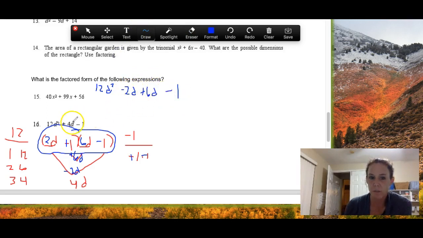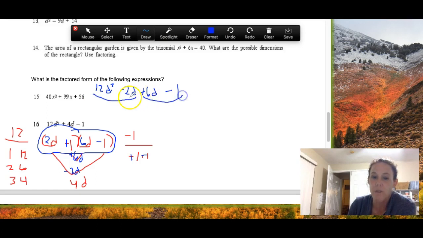So I basically just broke up 4D into those two terms, which are the two terms that worked here in my guess and check, just so you know. They end up being the same terms, right? Then the book has you group like this and like this. So you pull out the greatest common factor of 12D squared and -2D, and the greatest common factor would be 2D. Okay, divide 2D out of here, you're going to be left with 6D.